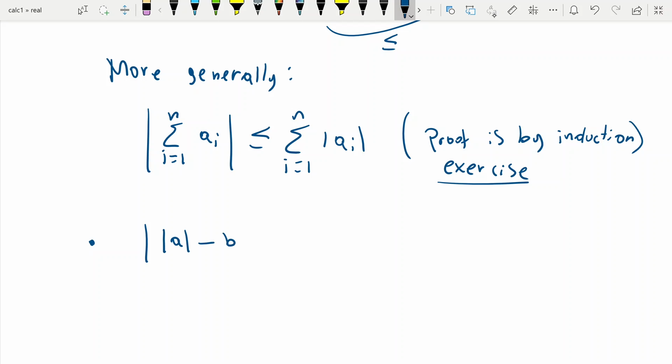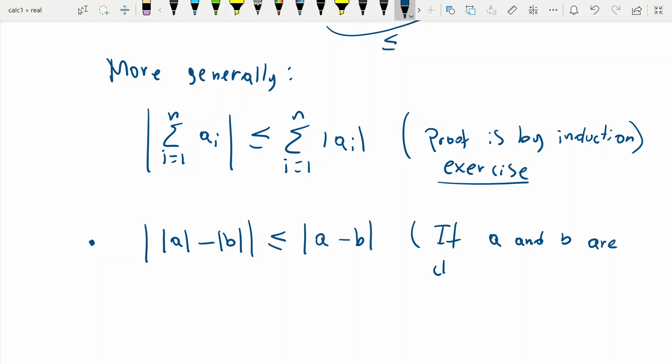So the absolute value of the difference of the absolute values of A and B is smaller than or equal to the absolute value of A minus B. This should be interpreted as saying that if A and B are close, then the absolute values are close as well.